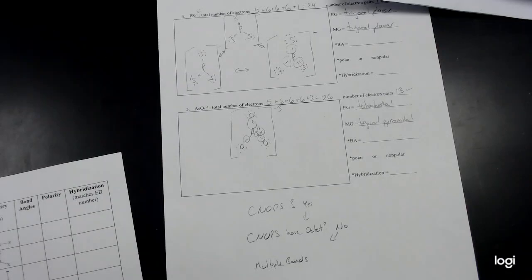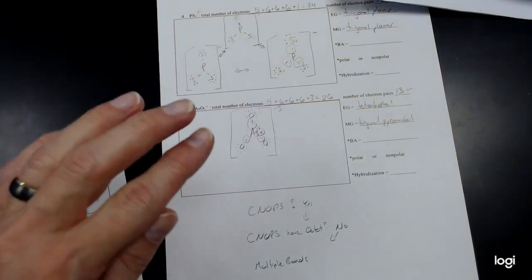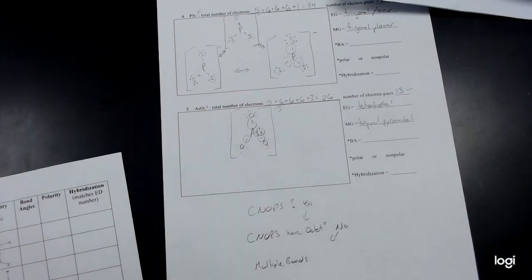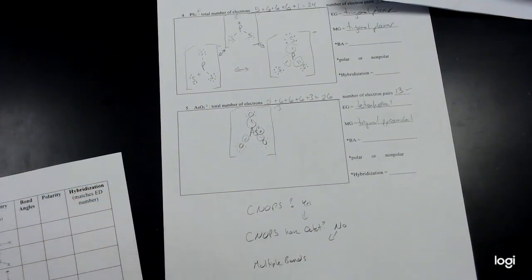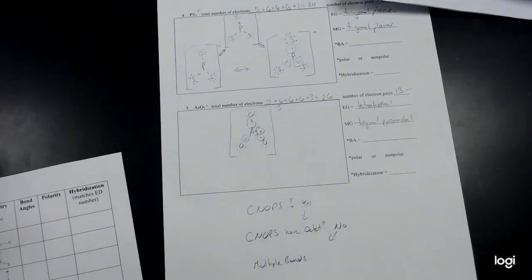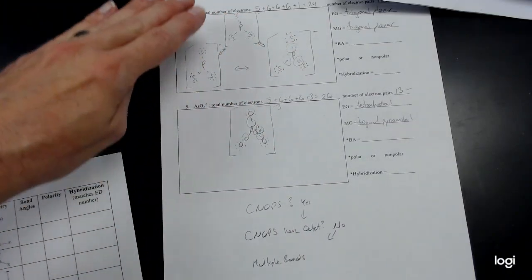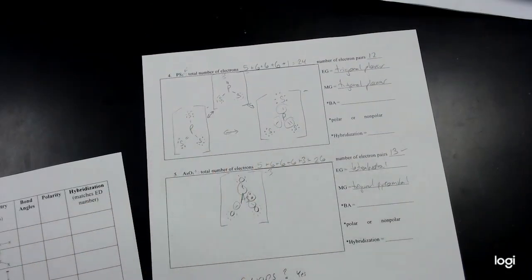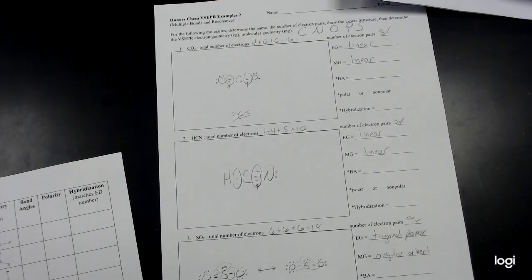And again, you got to do all the old work first, just like we did here. And then after doing all the old work, then you start asking the 3 important questions that are new today. Don't forget, if it's a double bond, it will never work out with a triple bond. If there's a double bond, and that double bond can go in more than one place, then you'll have resonance, and you'll want to show the different resonance structures, whether it's 3 of them, whether it's 2 of them.